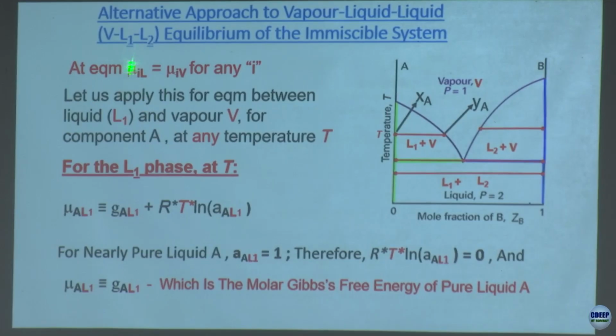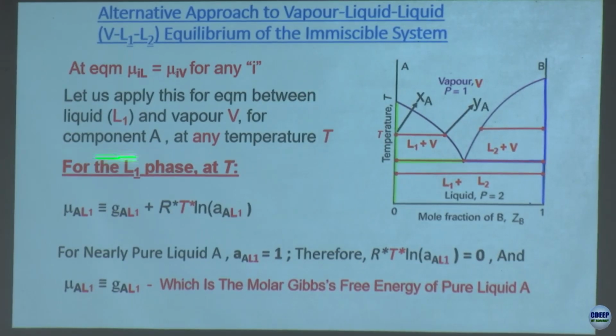We know at equilibrium the chemical potential of the ith component, here the i is A, is equal to the chemical potential of the vapor of the ith component. Okay. Now let us apply this equilibrium between L1 and vapor for component A at any temperature T. So this is true for any temperature T. Okay, you take any temperature T here, and at the tie line this relationship is valid.